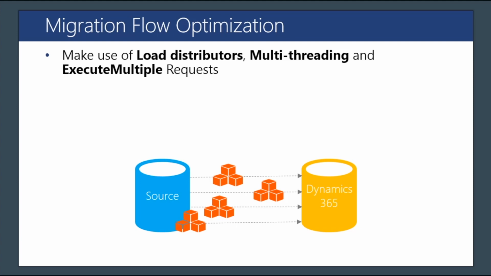the execute multiple requests. So execute multiple is a batch. The best way to define it is: take a create request. So you take one record, you package or create that create message, and then you send it to Dynamics 365. So that's one single request.